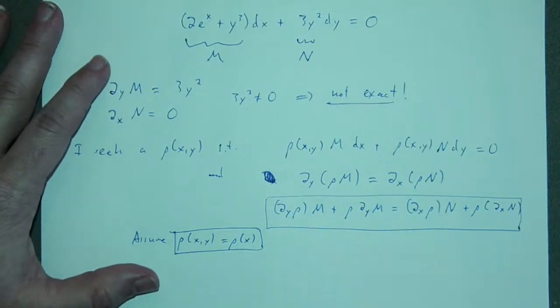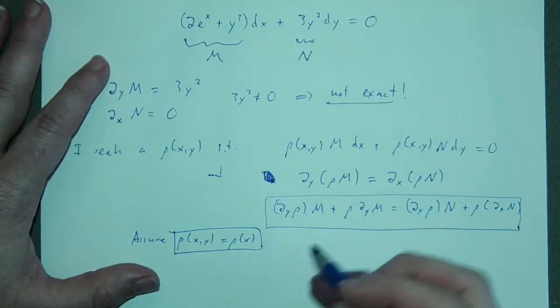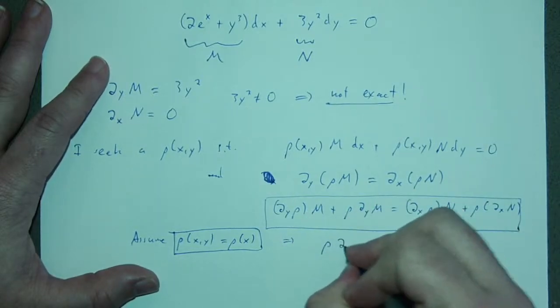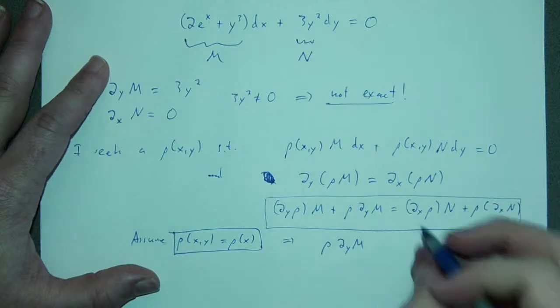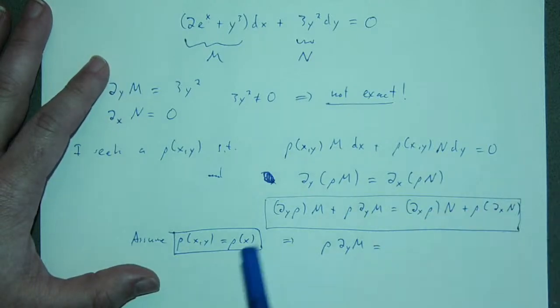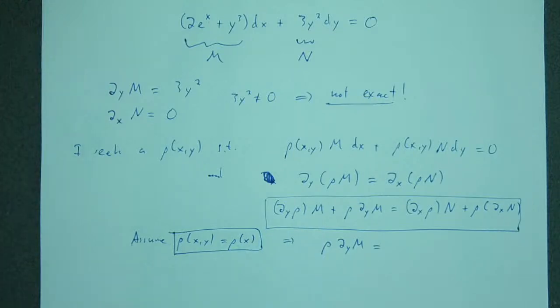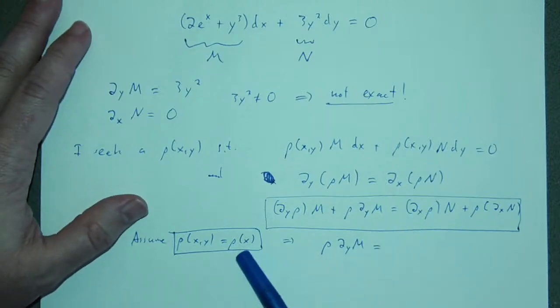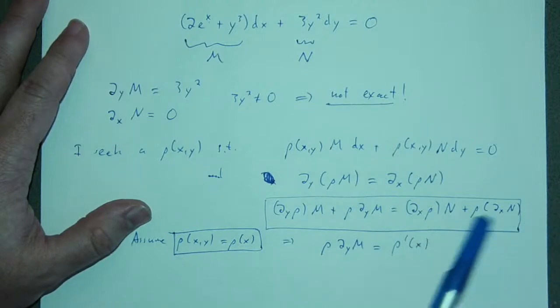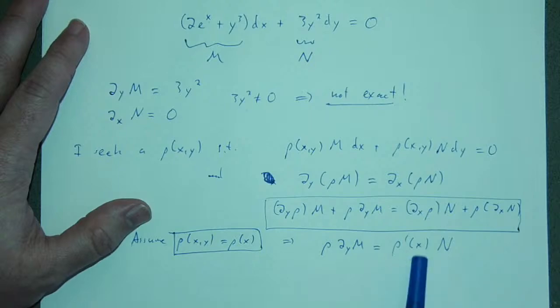So if that's the case, then the resulting equation is rho times the y partial of M is equal to the x partial of rho times N plus rho times the x partial of N. If rho is only a function of x, then this x partial of rho is actually the full derivative of rho with respect to x, d rho dx, but I'm just going to write it as rho prime.